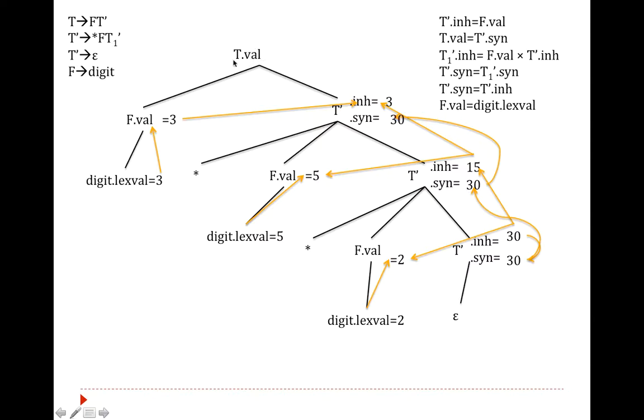Now T dot val is computed using T dash dot synthesized, and this val is the synthesized attribute. So finally we get the value 30 here. So this is the annotated parse tree for the given example.